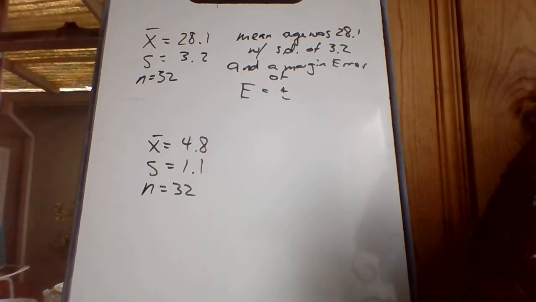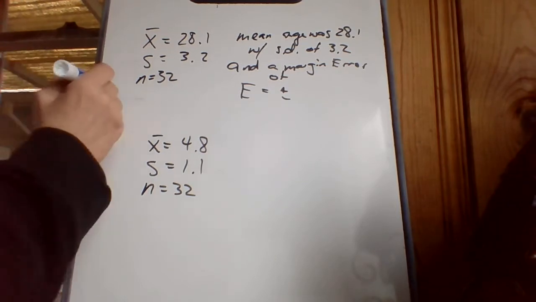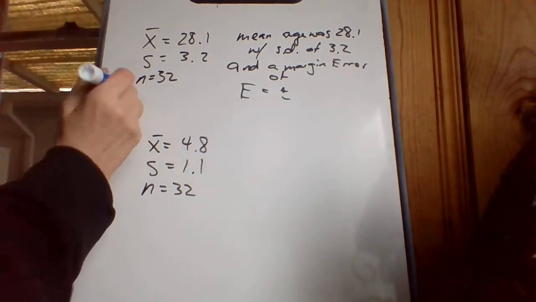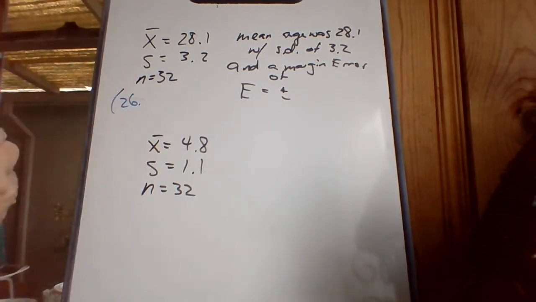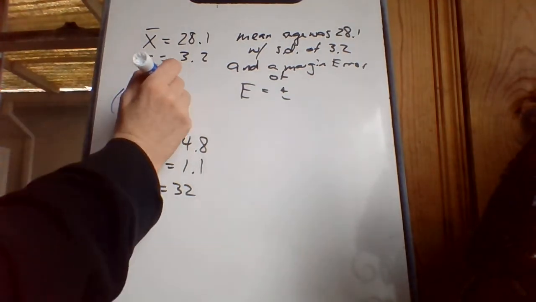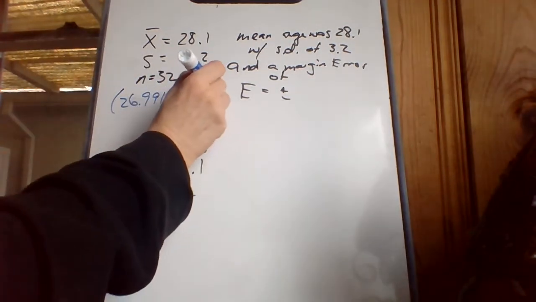And then I'm just going to do this over here. People never see this. Whenever you're at a presentation, no one ever shows you an interval. So I'm just going to do this quick calculation over here. 26.991, 29.209.